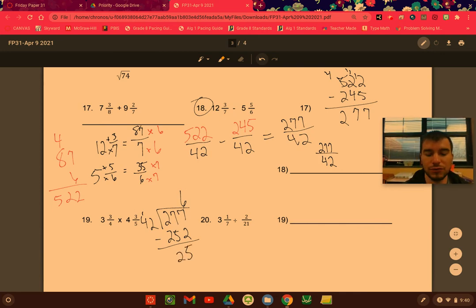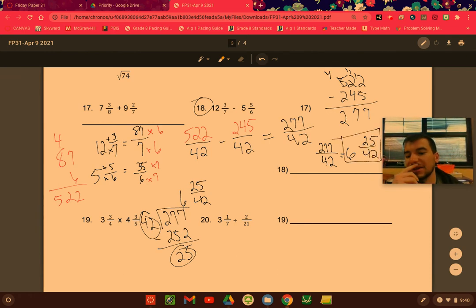And then remember, when you rewrite these, you write them as your remainder over, what's that guy called? Your divisor. There we go. Look at that word. So 6 and 25 over 42. That is what you will put in for your final answer.